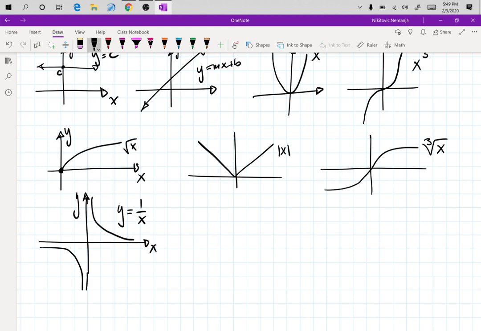Usually I never put the cube root of x. The book is pushing it, but yeah. But 1 over x is going to be used a lot in your Calc 1 class. So that's the one that you definitely want to know.